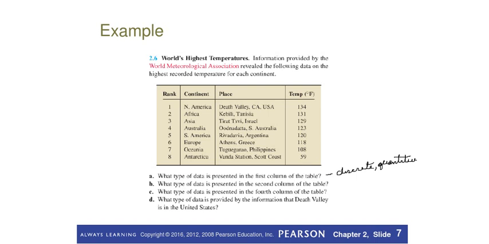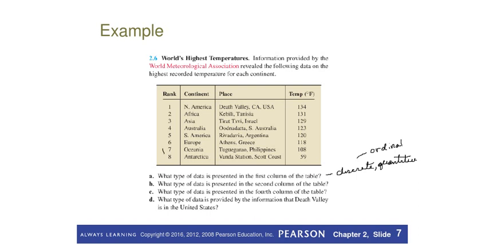Sometimes we subcategorize that and call it ordinal, because it's data that can be ordered by rank. In other words, rank number 1, the highest temperature, is North America's Death Valley at 134 degrees, while the lowest rank was Antarctica, with Vanda Station, Scott Coast, at 59 degrees Fahrenheit as its highest on that continent.